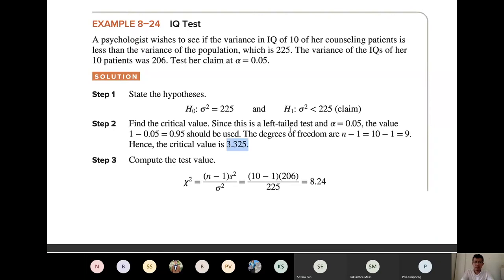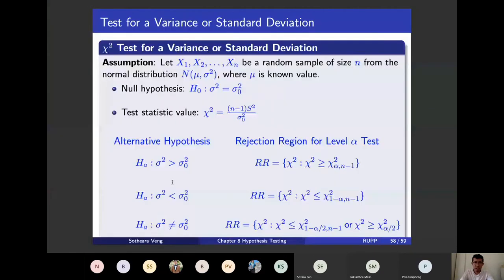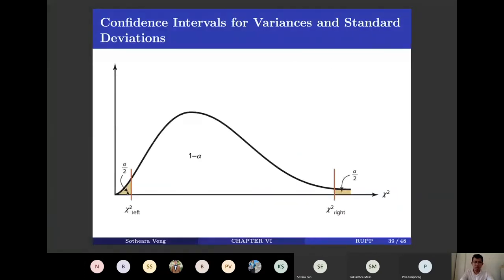Why is that? Because here we want the left tail test, this one. Then this is the critical value, chi-square 1 minus alpha, right? Because we want this area to be alpha to the left, and then the area to the right is 1 minus alpha.